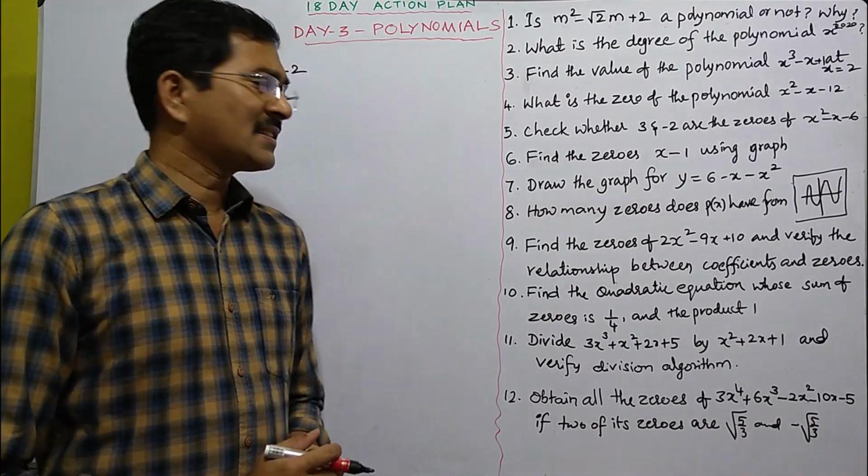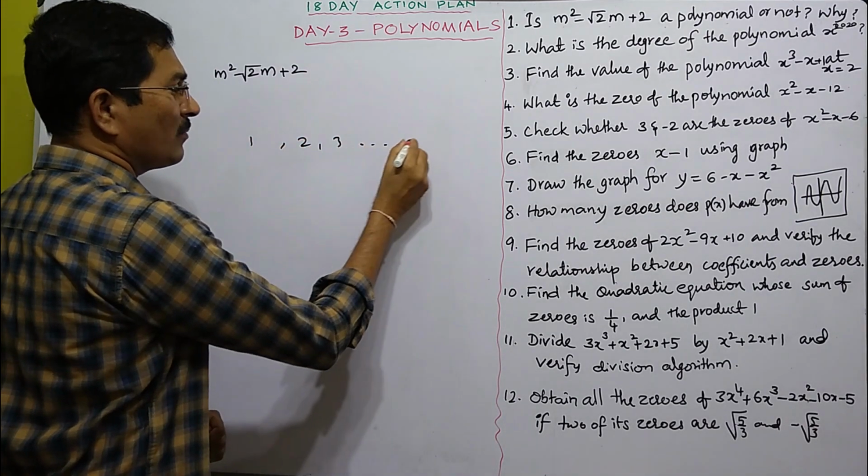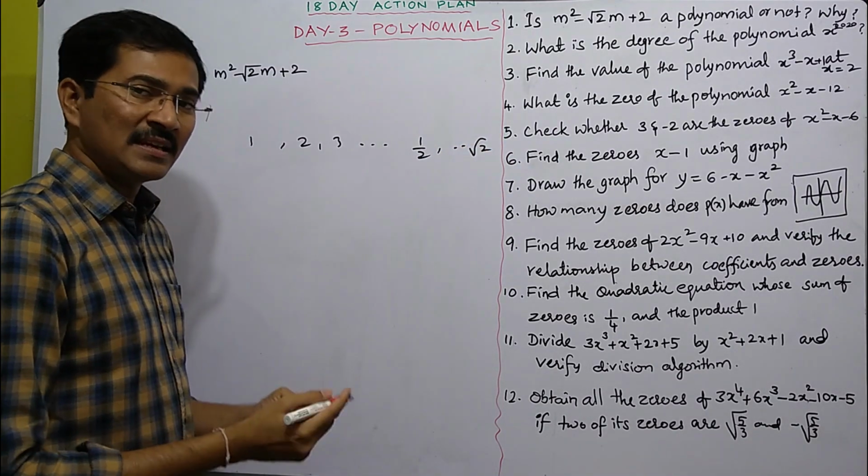So as discussed, we have numbers 1, 2, 3 and so on, maybe something else also, root 2 also, any numbers, the real numbers.